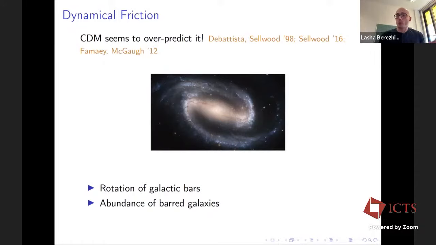Despite the fact that they are not directly interacting collisionally, because they interact gravitationally, as an object moves through the halo, it creates overdensities. And then once it outruns its own wake, so to say, there is a gravitational drag force that slows it down. And this is called dynamical friction.